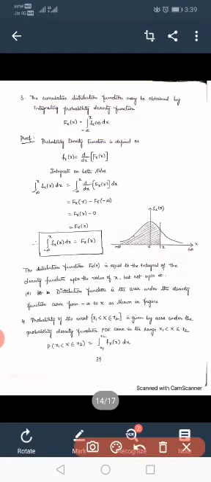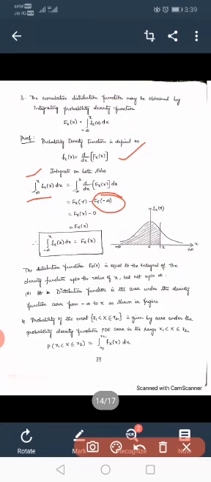Now let us prove this. Consider the mathematical expression of the probability density function, f_X(x) equal to d by dx of the distribution function. Take integration on both sides. Remember, integration is from minus infinity to some positive value x. So integration and derivation will get cancelled, and substituting the upper and lower limits, F_X(x) minus F_X(minus infinity).